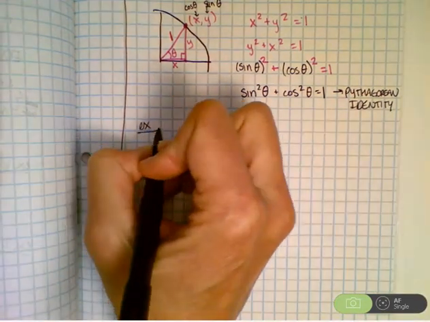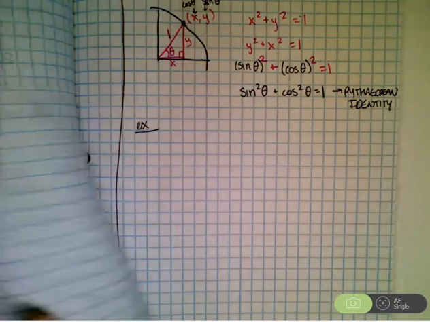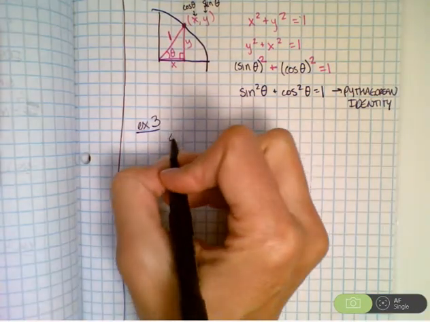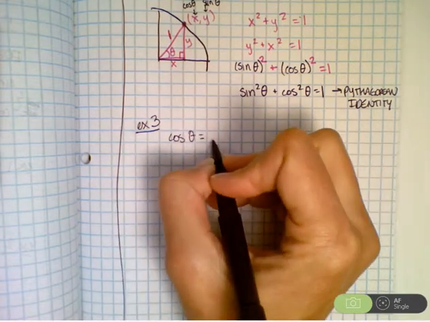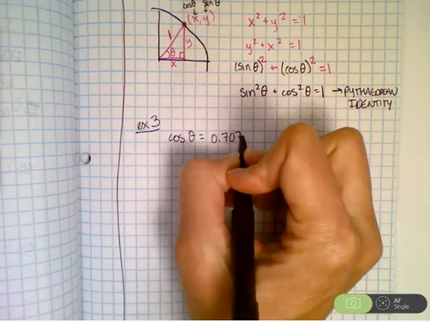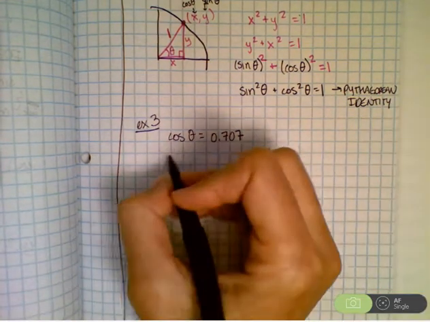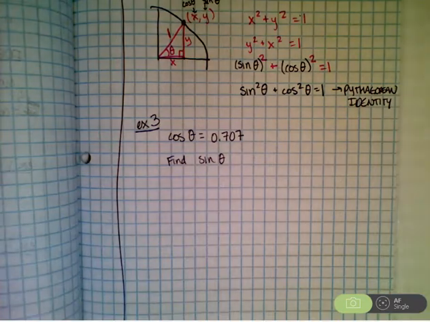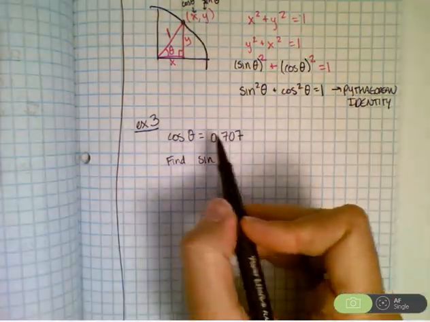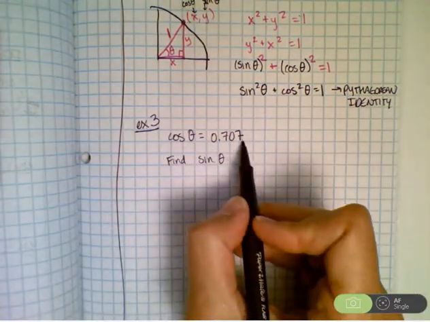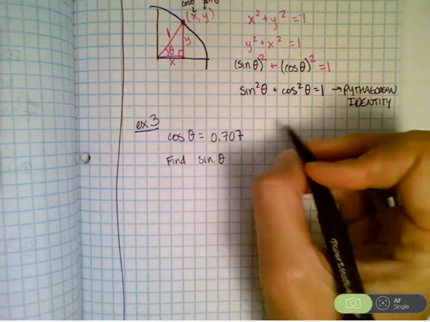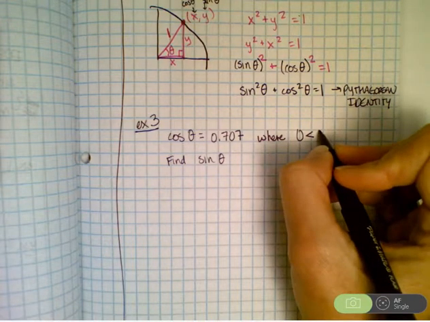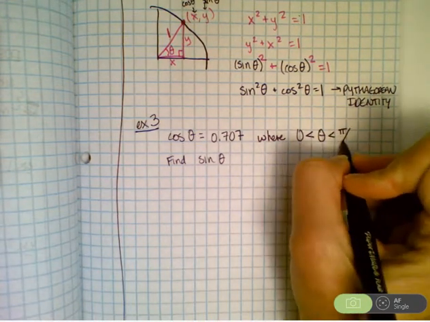So for example, what example are we on? Example 3. If we know the cosine of an angle is 0.707, and we want to find the sine of the angle. So we're just going to keep it simple to begin with. The first thing that we have to realize with this, so we would have the cosine equals 0.707, but we'll also always be given one more piece of information, and that is something about where the angle lies.